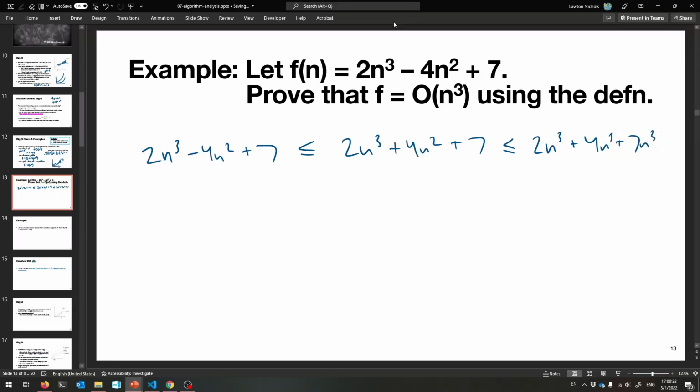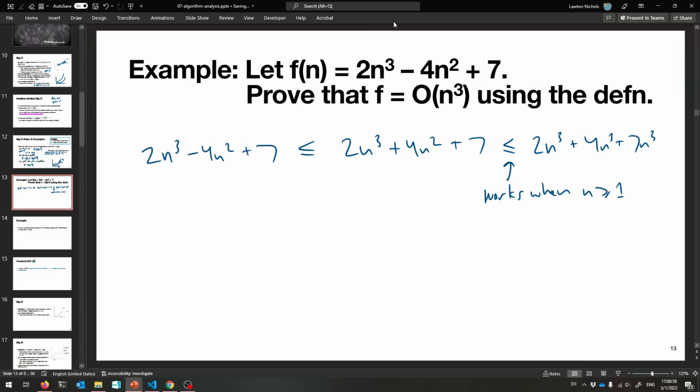But not quite when n is 0, right? When n is 0, these go away and it becomes 7. When n is 0, this all becomes 0 now. So that's not true anymore for it to be bigger. But once n is 1, right, this is true when n is greater than or equal to 1. This works when n is greater than or equal to 1. So let's remember that.